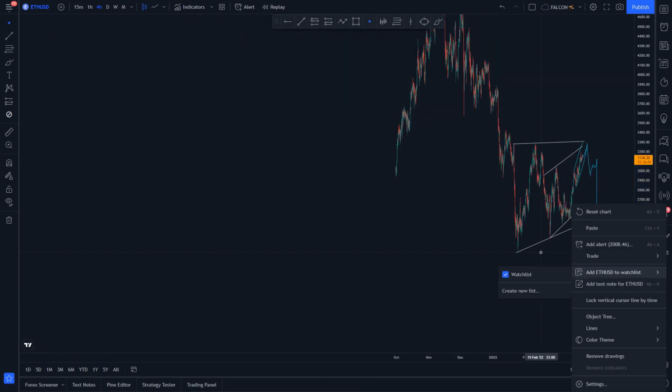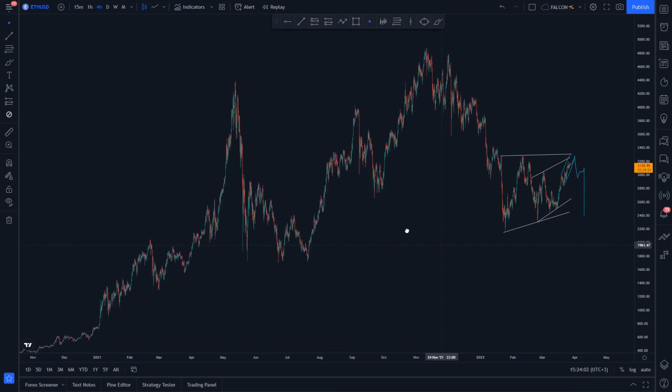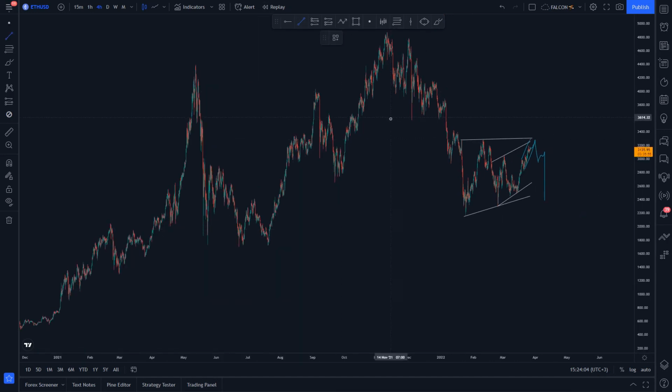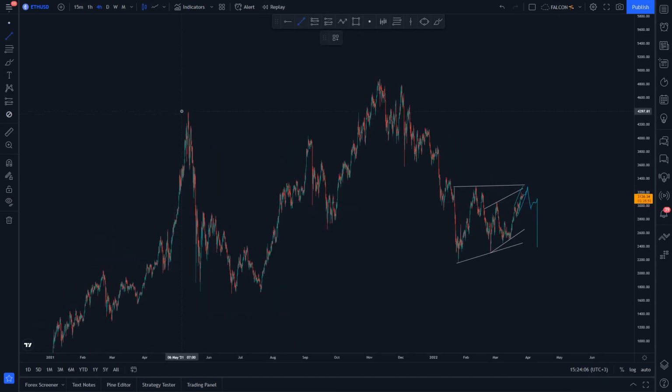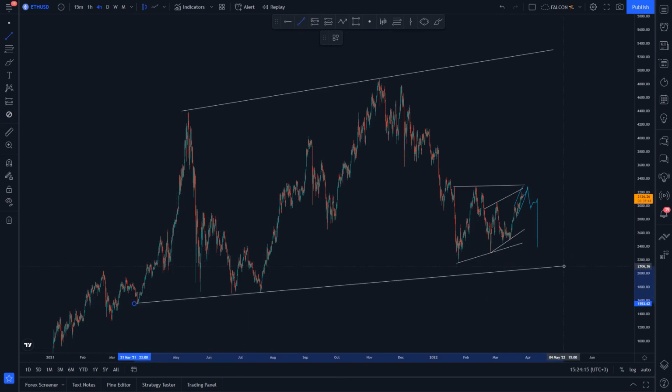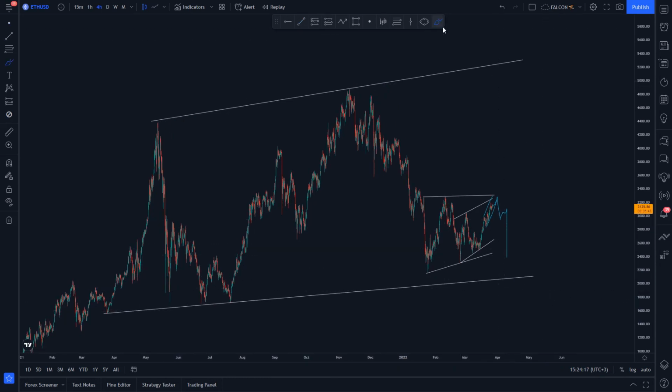I'm saying this one to be the last push to the downside, because as you can see we have this bigger pattern over here and we have a two touch to the upside and we have a two touch to the downside. So if we manage to get this third touch, we'll be looking for the long-term move to the upside all the way to these areas.